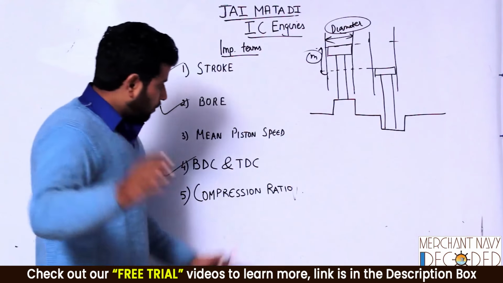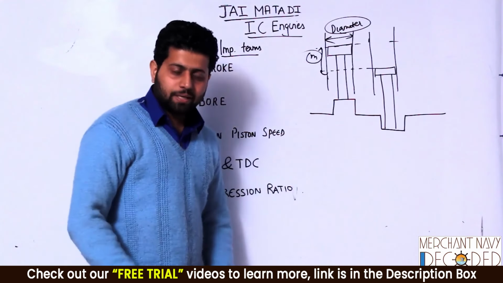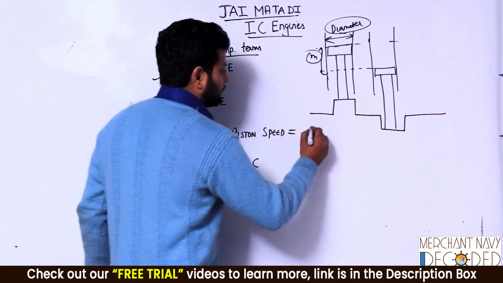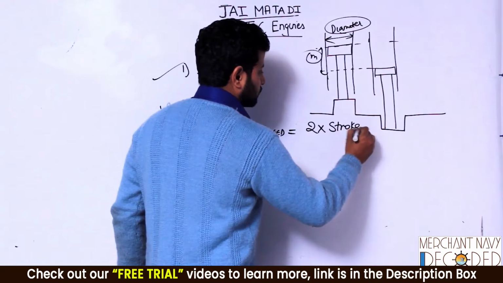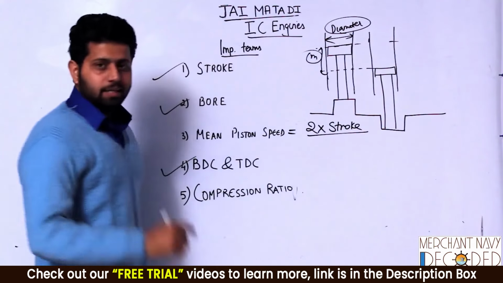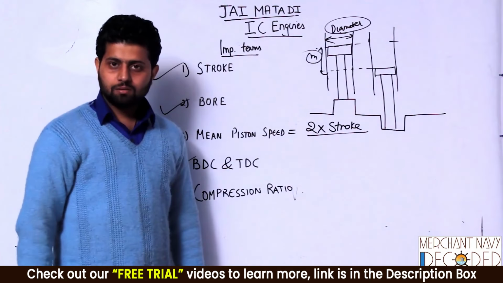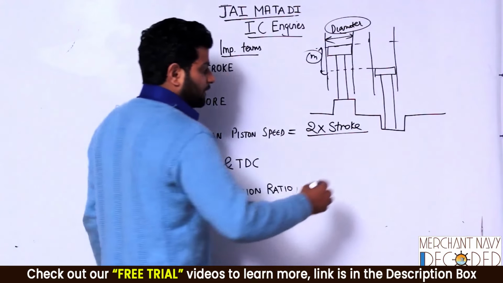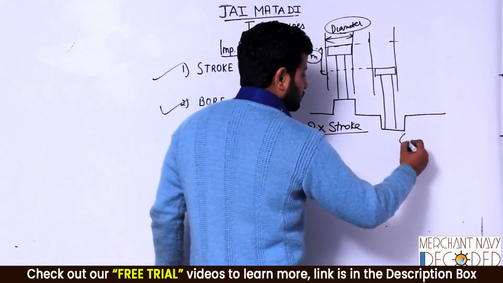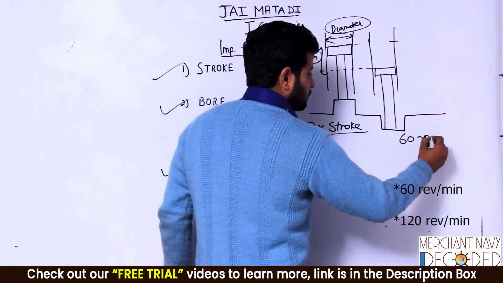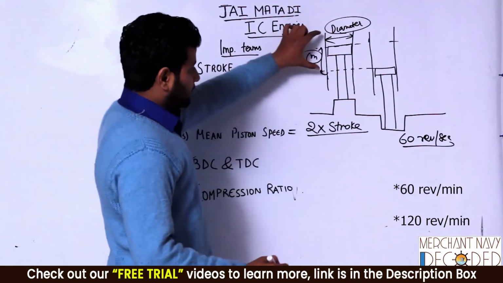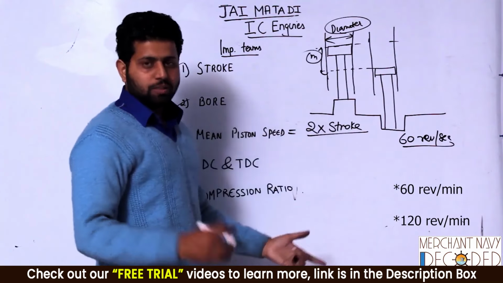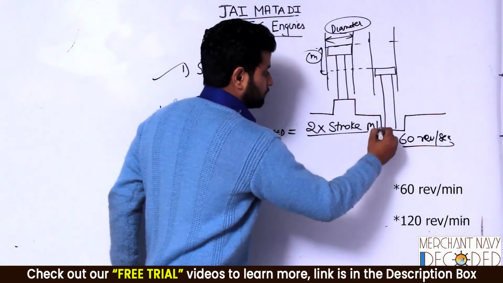Now how do we calculate the mean piston speed? We know the distance traveled is 2 into stroke in 1 revolution. Now if the number of revolutions is 60 revolutions per second, that means in 1 second it is traveling 60 times twice the stroke. That will be its speed.